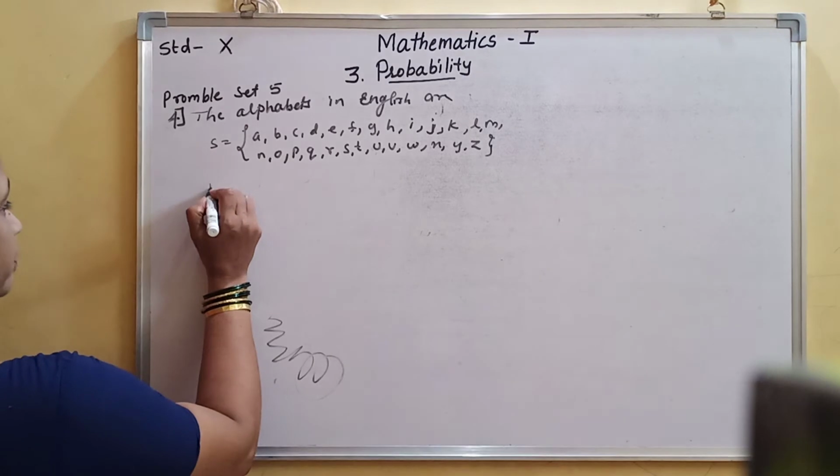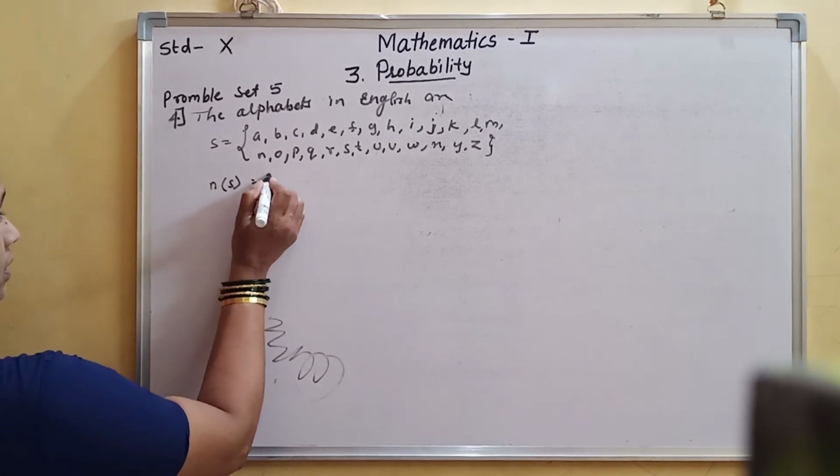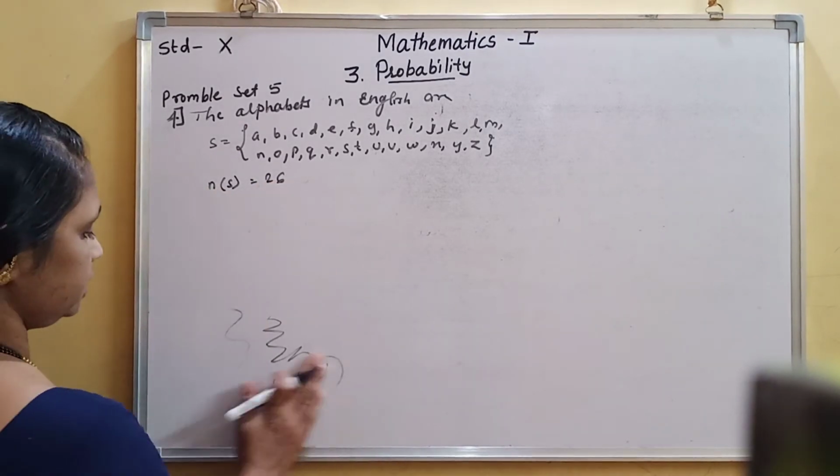Now therefore n of S is equal to how much? N of S is equal to 26.